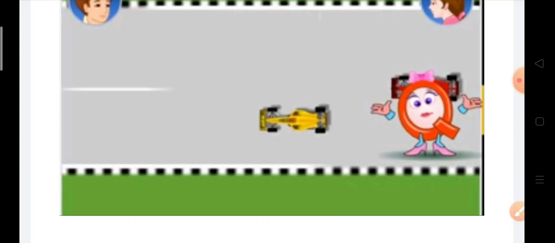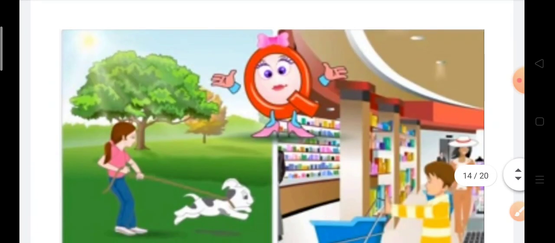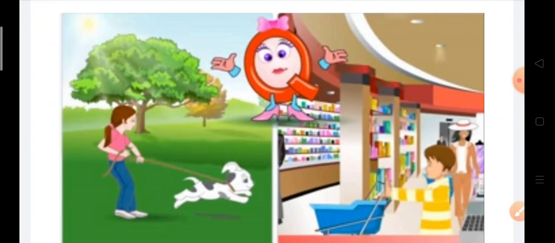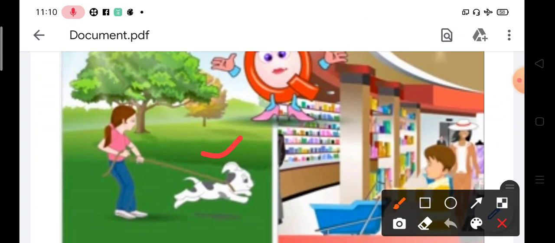Next, over here you can see that this dog is running and the girl is trying to stop the dog. This girl is trying to stop the dog by pulling the rope.